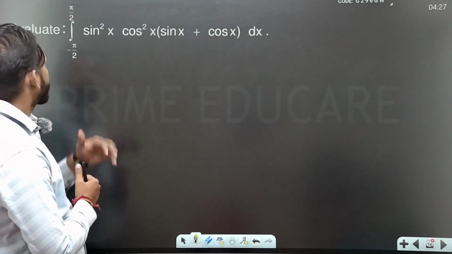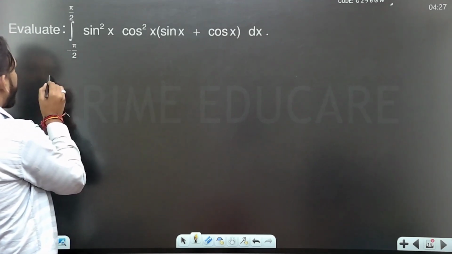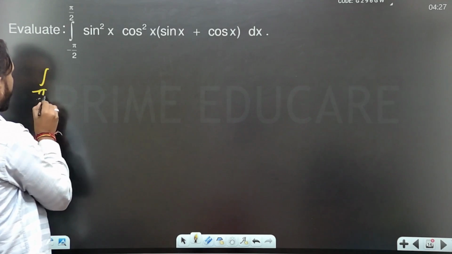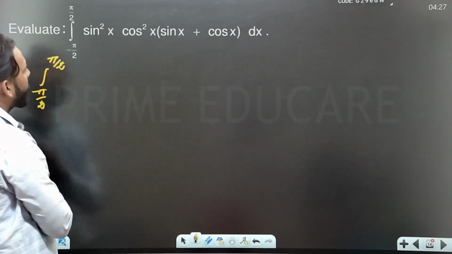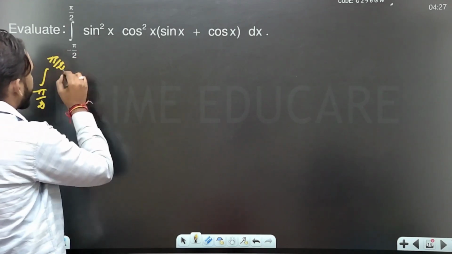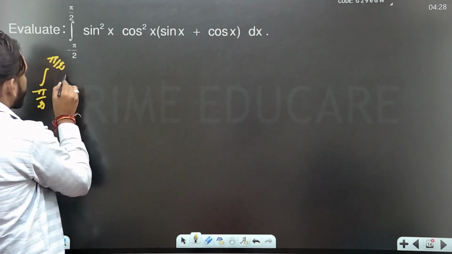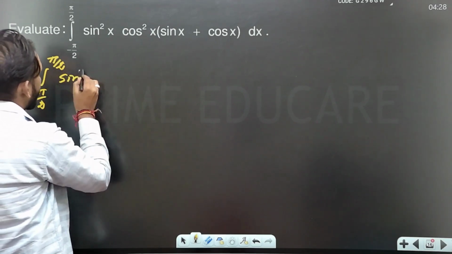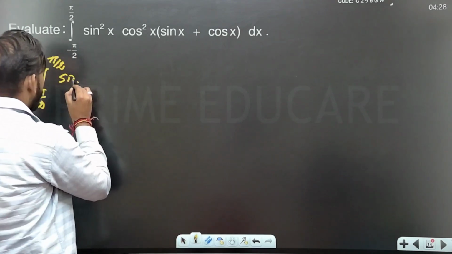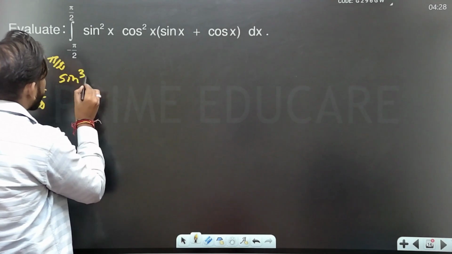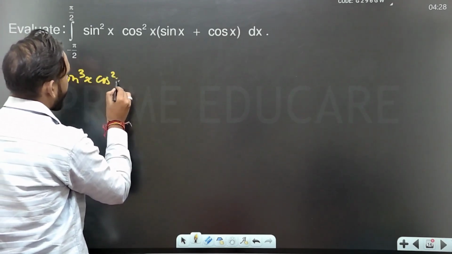Now what we have is the integration from minus pi by 2 to pi by 2, and if we multiply this inside, sine square will become sine cube, yes or no? Sine square will be sine cube x, and cos square as it is, cos square x.